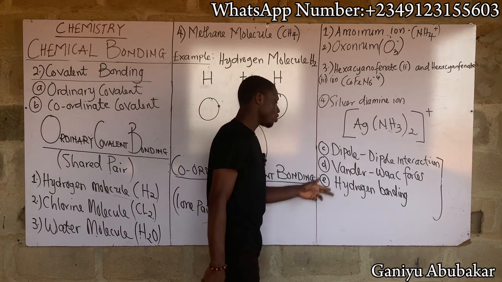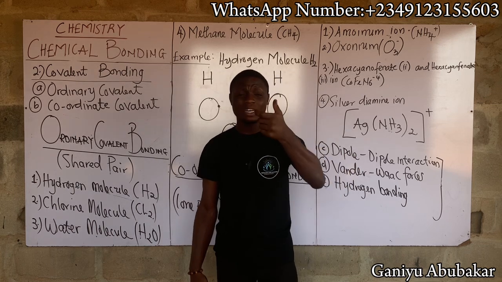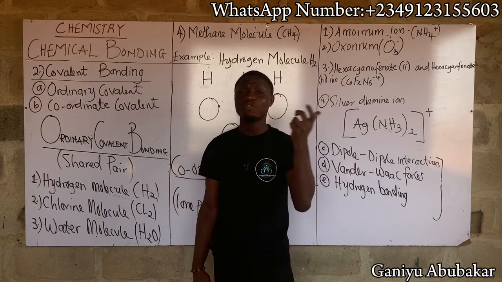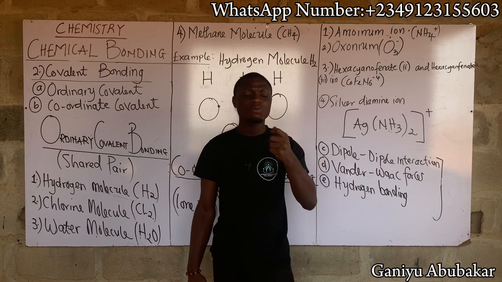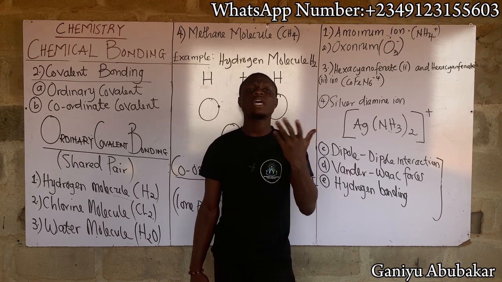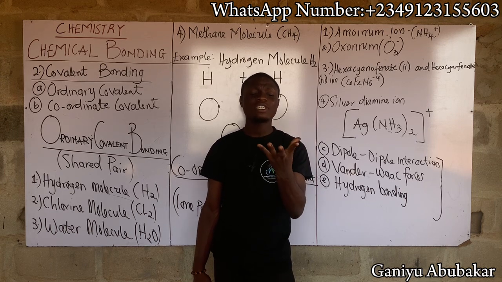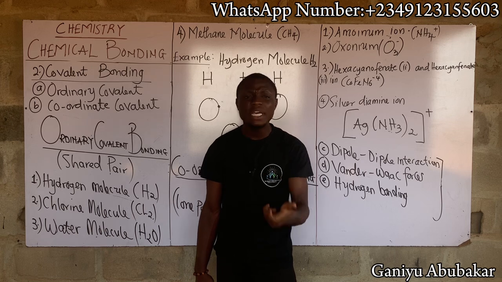Let me try to explain this concept. When you have camphor, one white solid like that, when you buy camphor, observe that anywhere you keep it, with respect to time, it becomes smaller, because the forces holding the particles are too weak.